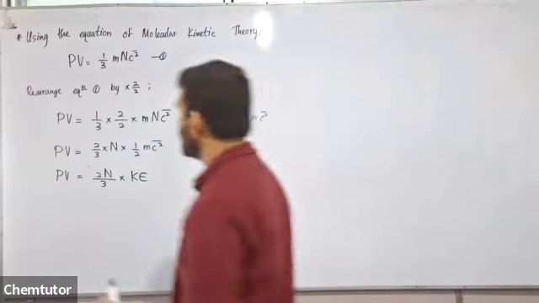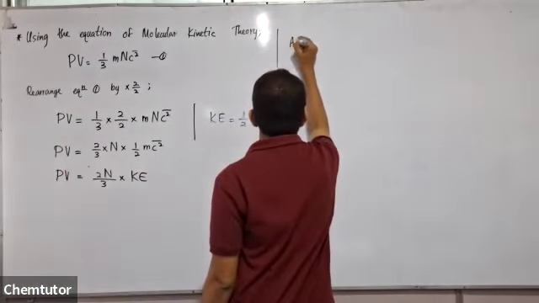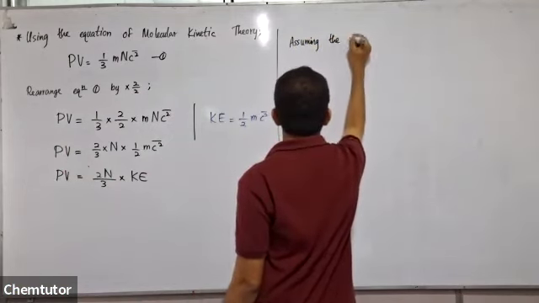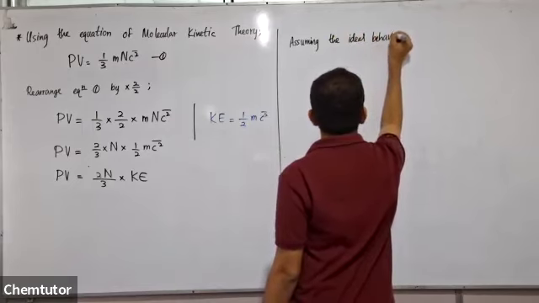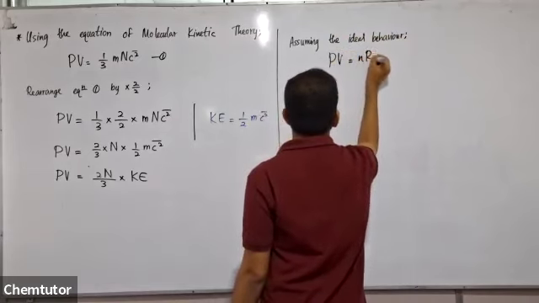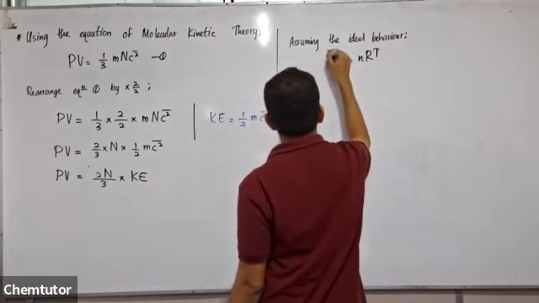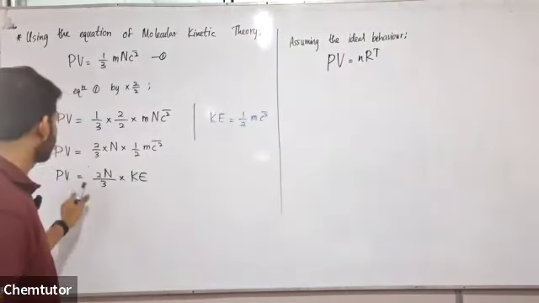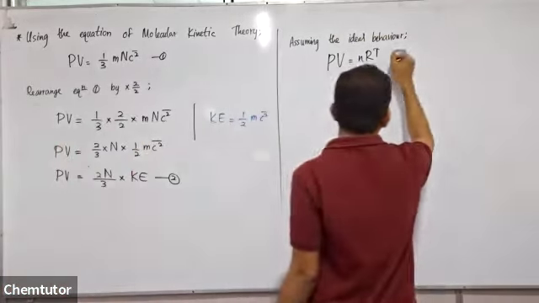Right. So then assuming ideal behavior, you can apply PV equals nRT. Let's say this is equation number 2 and this is equation number 3.